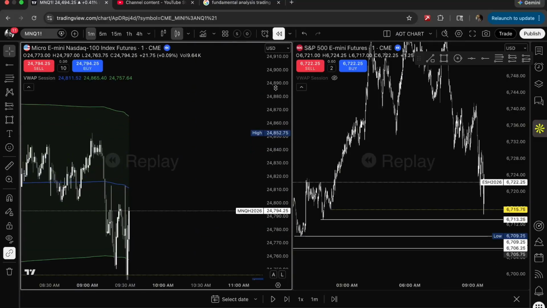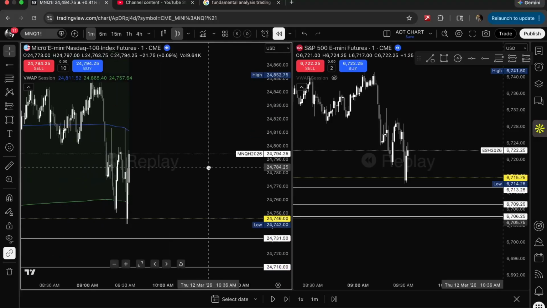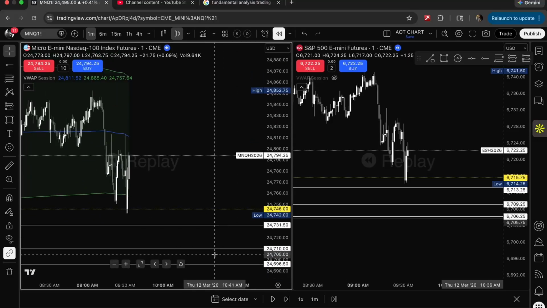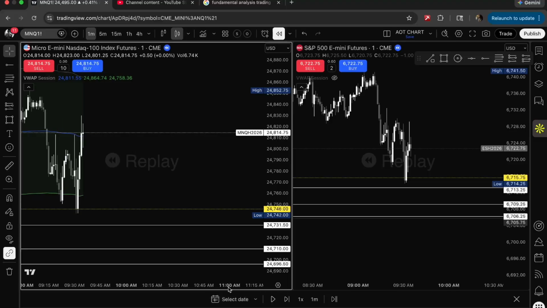No SMT. So we got 2 on candle 2, 3, 4. So right here, 4.